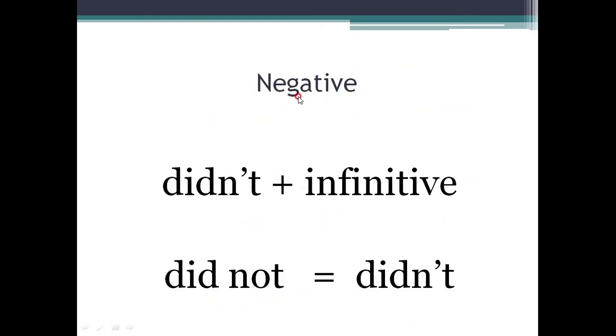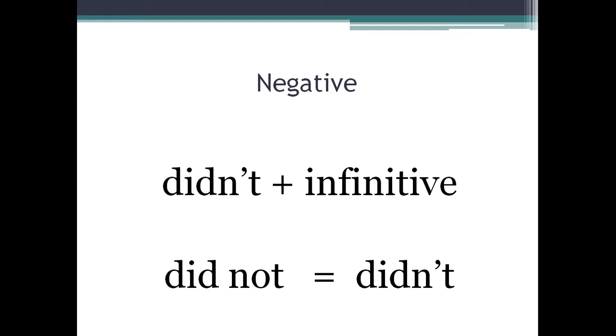Okay, let's start with the negative form. In the negative form, we use didn't plus infinitive. Infinitive here means the base form of the verb. For example, when I say played, this is a past verb. So when we change it into a negative form, we have to put it in infinitive form after didn't.